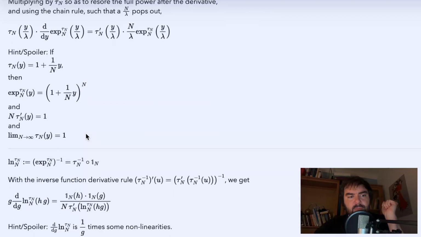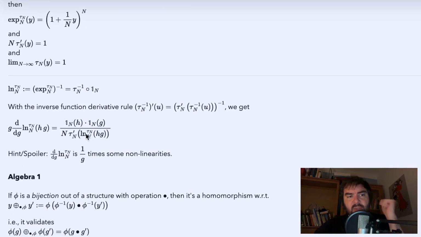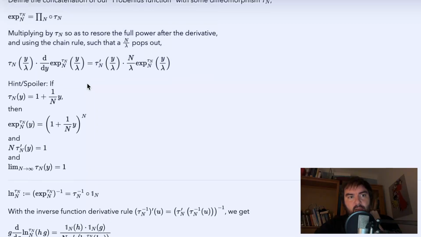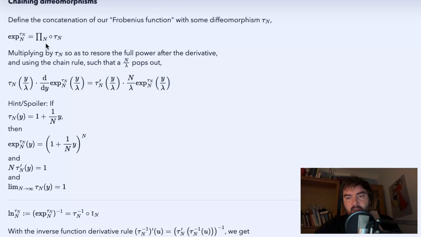But we want to take care of studying this linear function later, or even generalizations thereof. And then of course, having defined the exponential function tau n, we define the logarithm as the inverse, like so. You can take the inverse even of this abstract object. We defined the inverse of the Frobenius map as this one map.